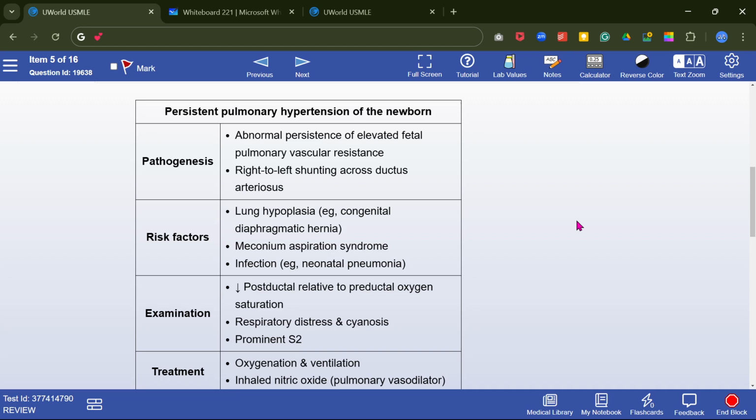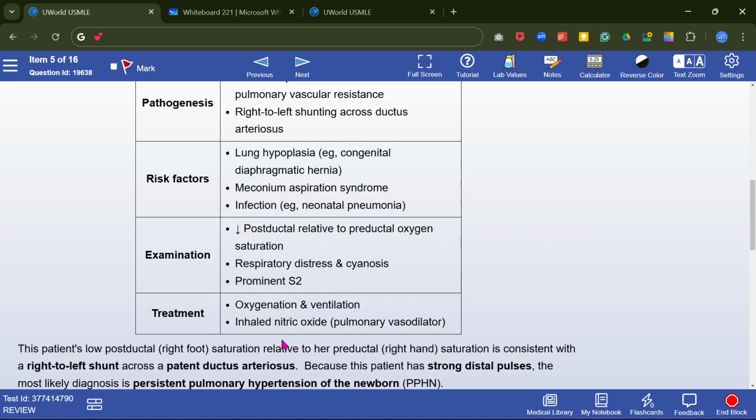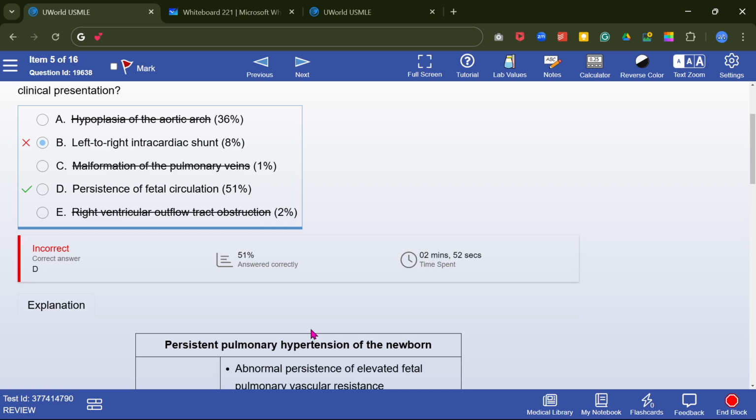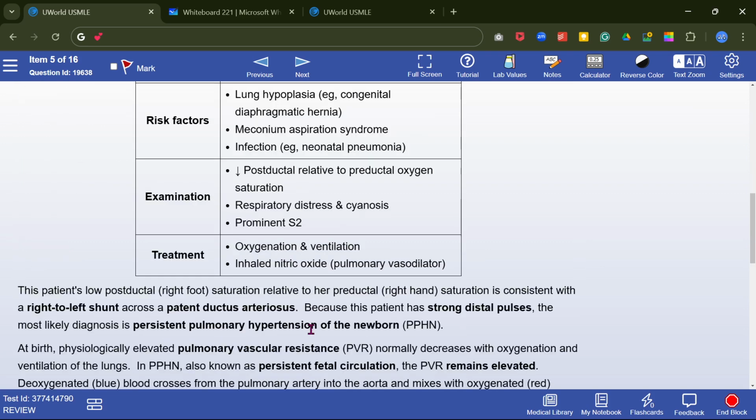Examination shows decreased postductal relative to preductal oxygen saturation, respiratory distress and cyanosis, and a prominent S2. Treatment is oxygenation and ventilation, and inhaled nitric oxide, which is a pulmonary vasodilator.